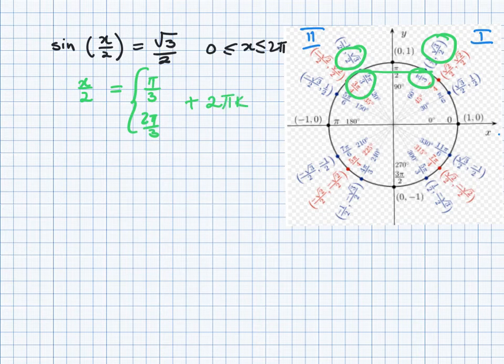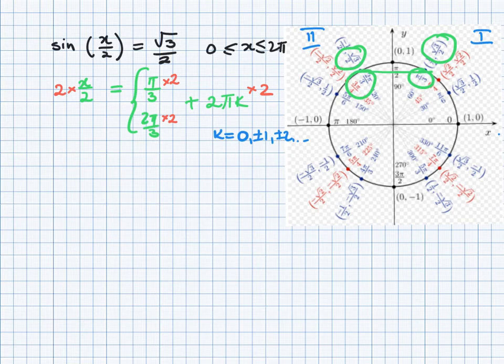And k, if I didn't mention on the previous slide, is an integer and has the values of 0, plus minus 1, plus minus 2, etc. So now on the left hand side we have x divided by 2, and we are interested in only x. So what we're going to do next is multiply this by 2, which means we have to multiply every single term on the right hand side.